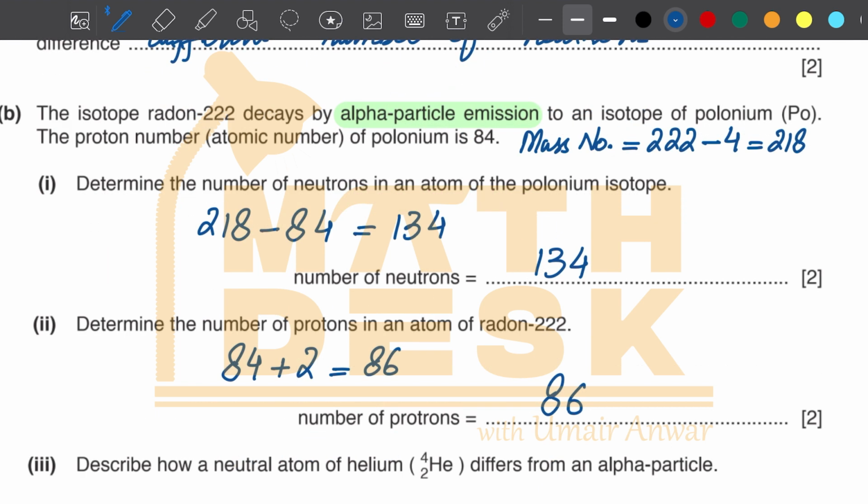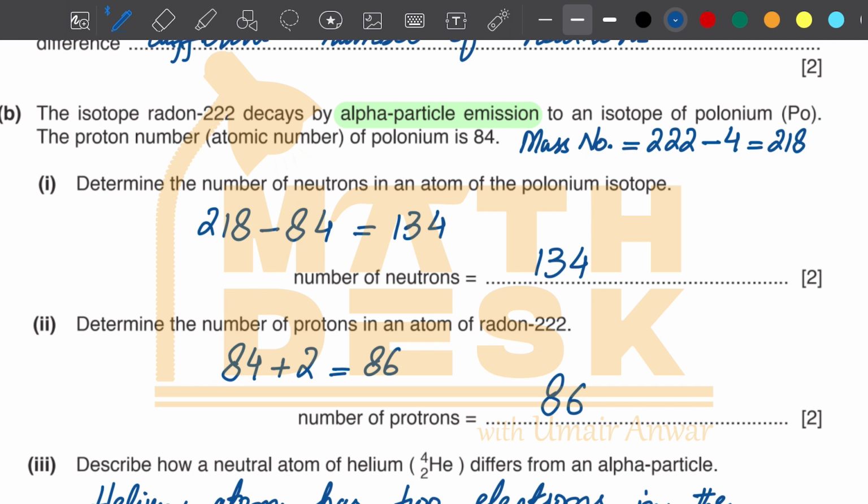The next part says describe how a neutral atom of helium differs from an alpha particle. So a helium atom has 2 electrons, and it is one of the noble gases, in orbit around the nucleus.